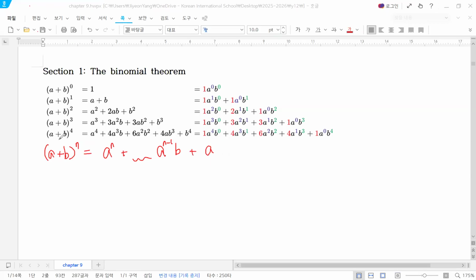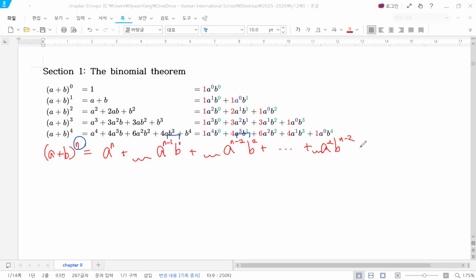So the next term should be a to the power of n minus 2, and then b squared, plus dot dot dot, plus at some point a squared b to the power of n minus 2, because as I told you, students, if you add up these indices, it's going to be n.